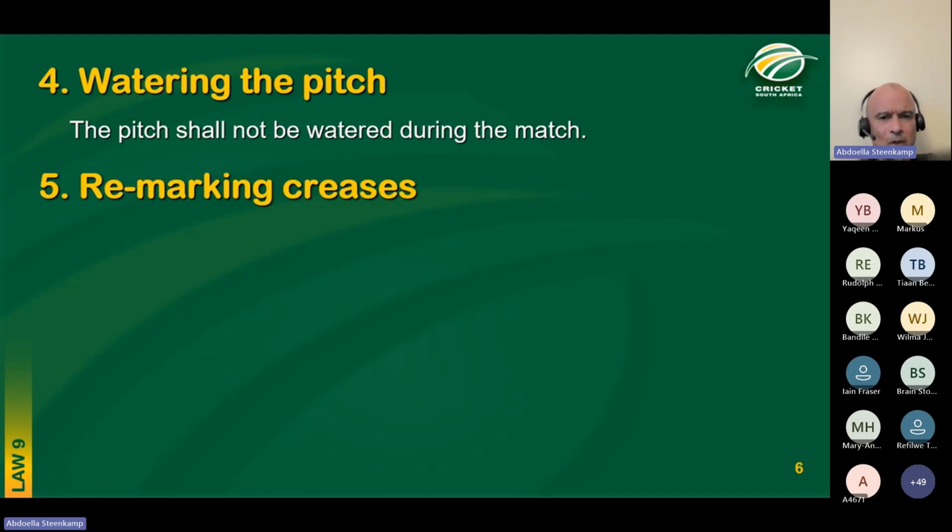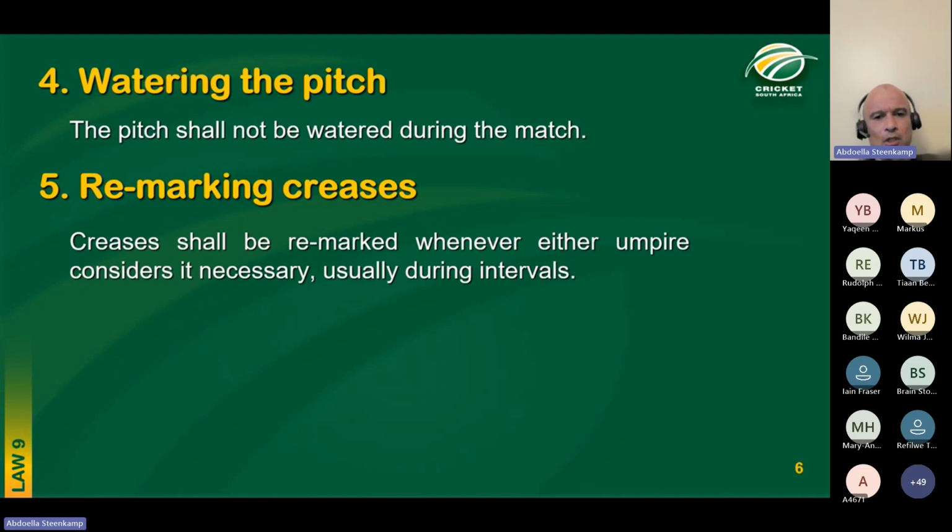Are we allowed to remark the creases? Yes, the law allows for remarking of creases, and it usually happens during intervals. You'll often find with bowlers, especially at the popping crease, with bowlers landing with their front feet on the popping crease and the ball landing on that popping crease, sometimes the paint disappears.